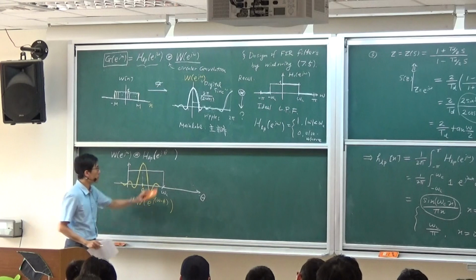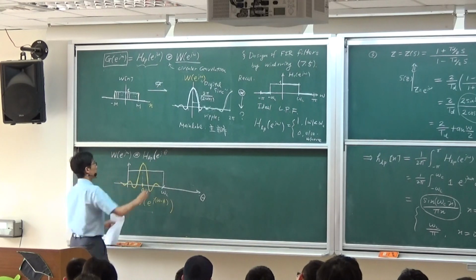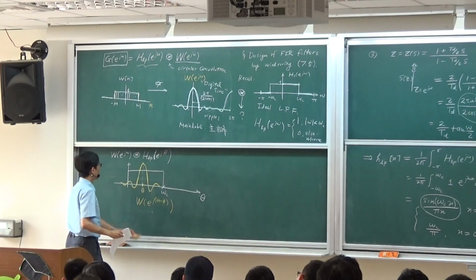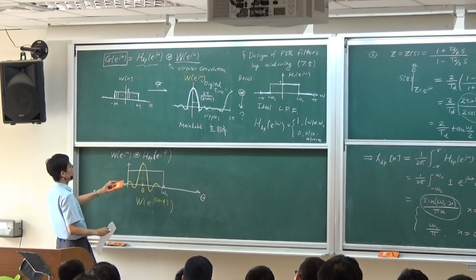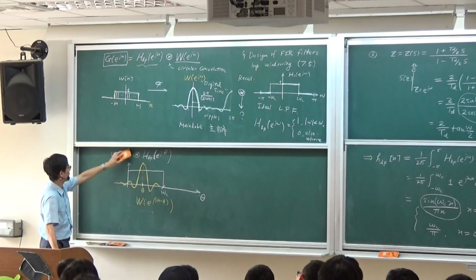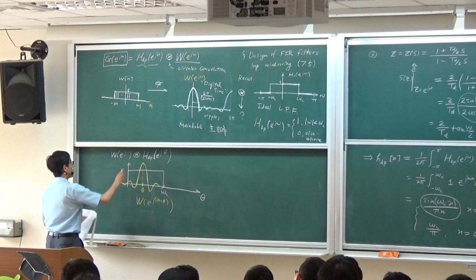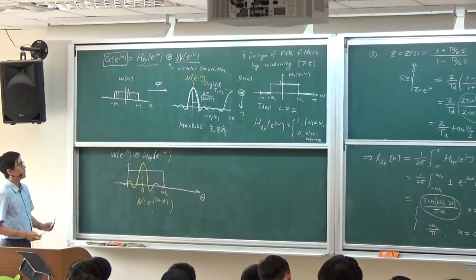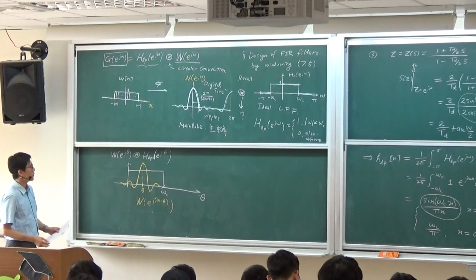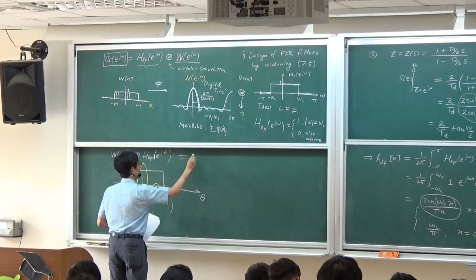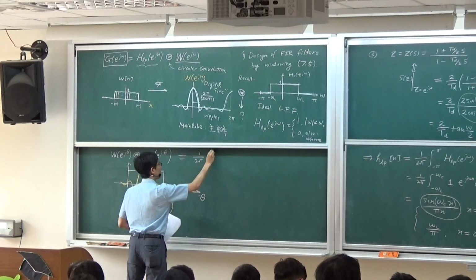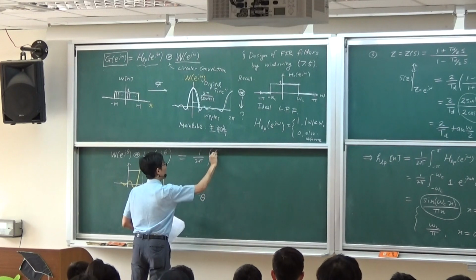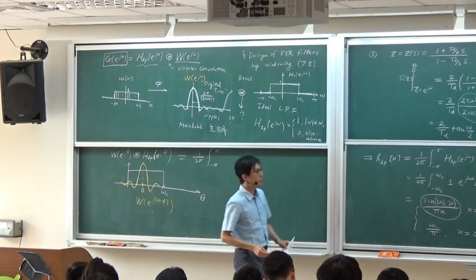I think this time I'm correct. Well, about this notation, you know what? Let me just explicitly write down the convolution. Sometimes it's best to just write down the expression explicitly.